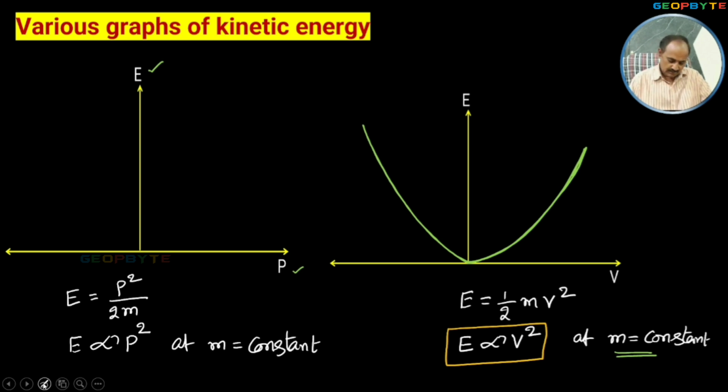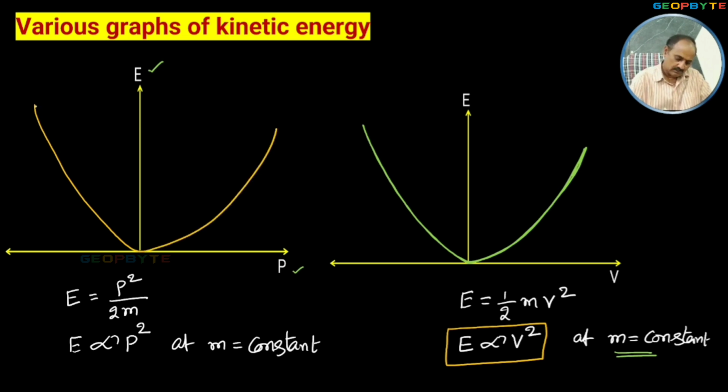Again, the kinetic energy and linear momentum are varying parabolically. That graph I can mark like this. That is how the kinetic energy is changing along with the momentum p at constant mass of the body.